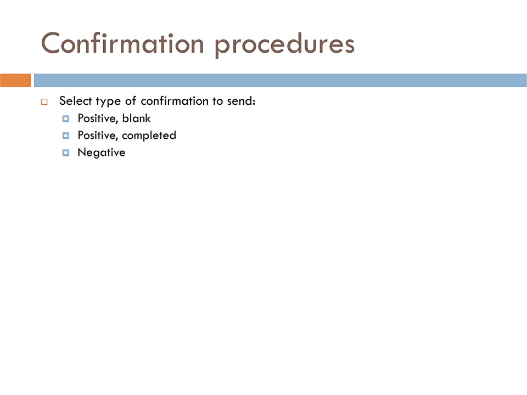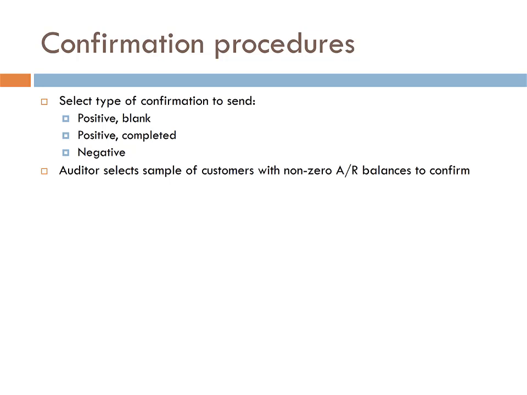So here are the procedures, right? You select the type of confirmation that you want to send, whether it's a positive blank or a positive completed or a negative confirmation. The auditor themselves is going to be the one that selects the sample of customers. So we're going to look in the AR subledger. We're going to isolate all of the non-zero AR balances.